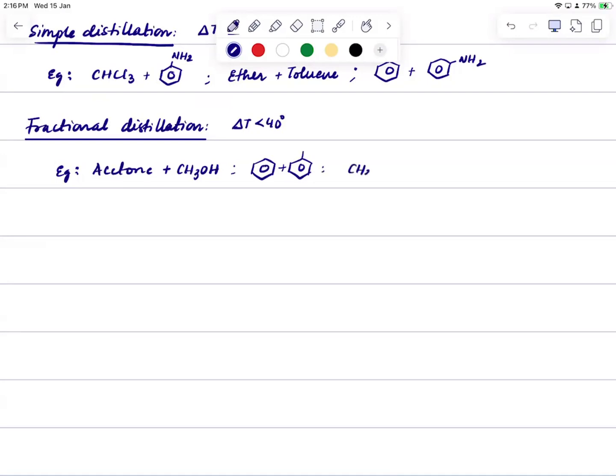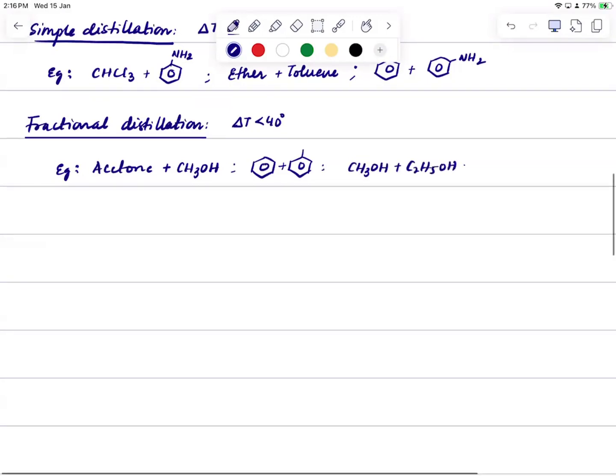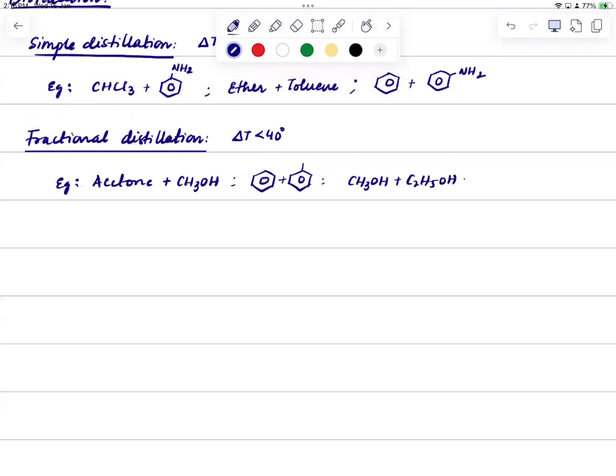Methyl alcohol, CH3OH, and ethyl alcohol can also be separated by fractional distillation. If you find compounds very similar in structural features or dipole moments, you go for fractional distillation.